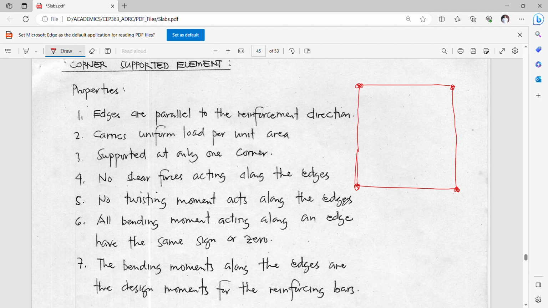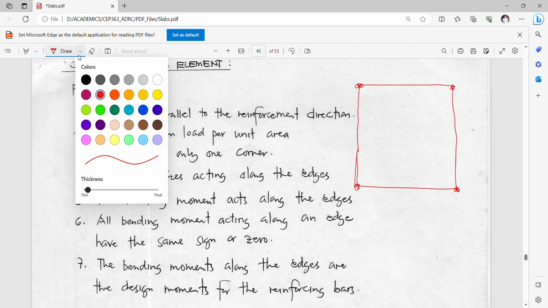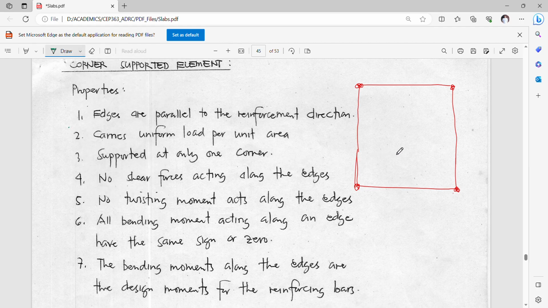For some reason, we need to put a support at the middle. Imagine I have some problems with the deflection of the slab, and I need to put a support somewhere here, in the middle.